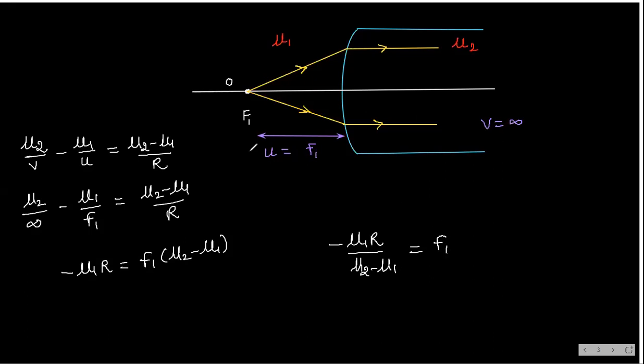Call this equation number 2. Whenever they will give values, that time we will use the sign convention. So F1 is equal to minus mu1 R by mu2 minus mu1. Okay, understood? Let's move ahead.